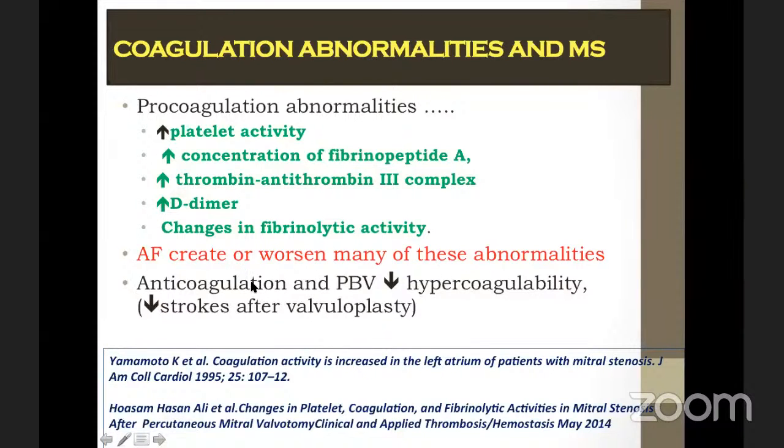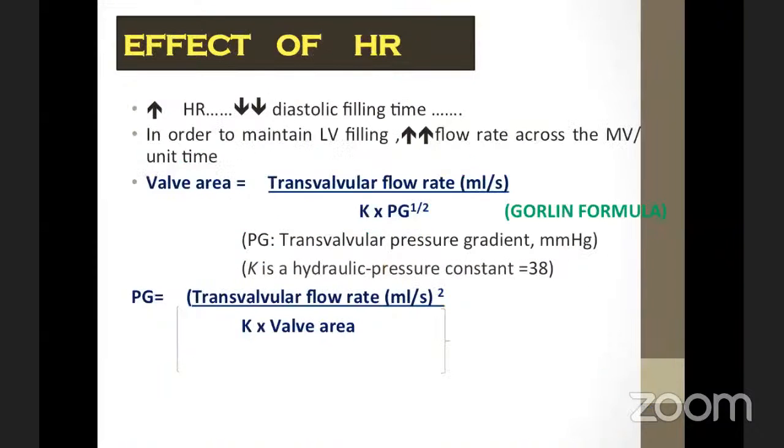And if atrial fibrillation starts, this pre-existing coagulation abnormality further deteriorates the condition and gives rise to a hypercoagulable state and stroke. There is evidence that if you give anticoagulation and go for a pulmonary valvotomy, this hypercoagulable state and stroke are decreased.